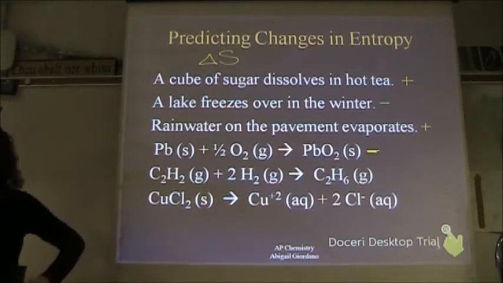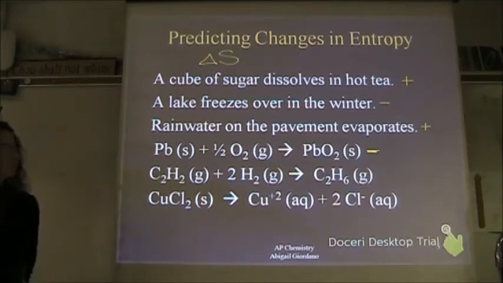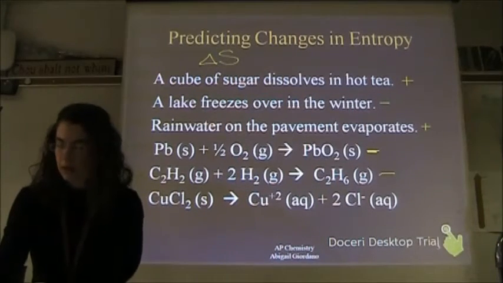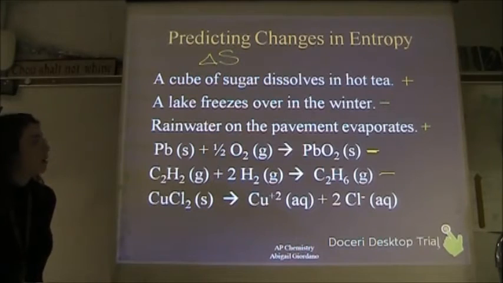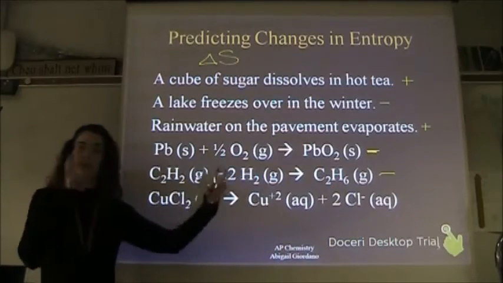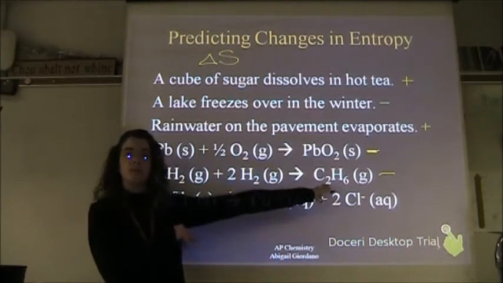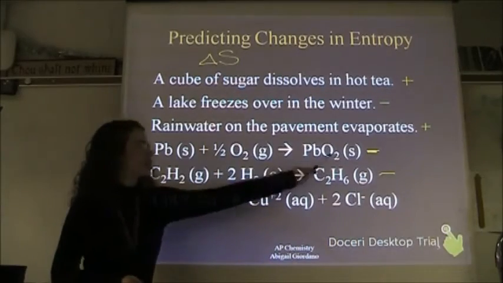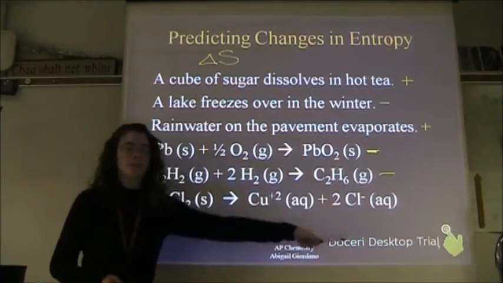Okay, how about this one? What do you think? Decrease. Okay, you're right. Why? Because there's two particles in the reaction. Okay, so two reactants combining into one. In this particular case, we didn't have different states of matter. Everything was a gas.